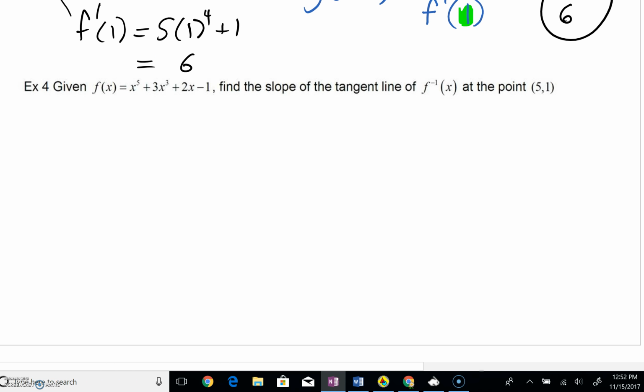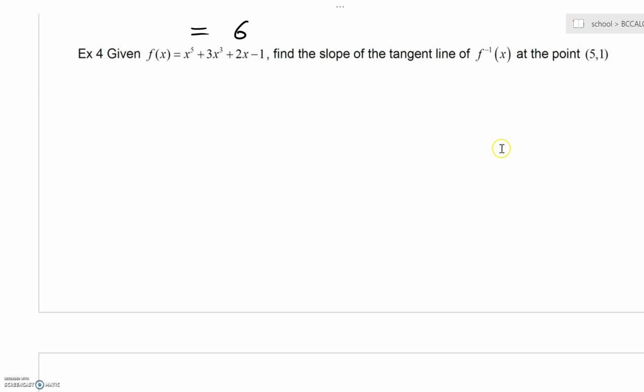Again, here they're not asking us to prove that we do have an inverse. Solving for the inverse here would be really, really bad as well. It would pretty much be impossible. They're not asking us to work out what the actual inverse is, thank goodness. But they want the slope of the tangent line to the inverse at 5, 1.